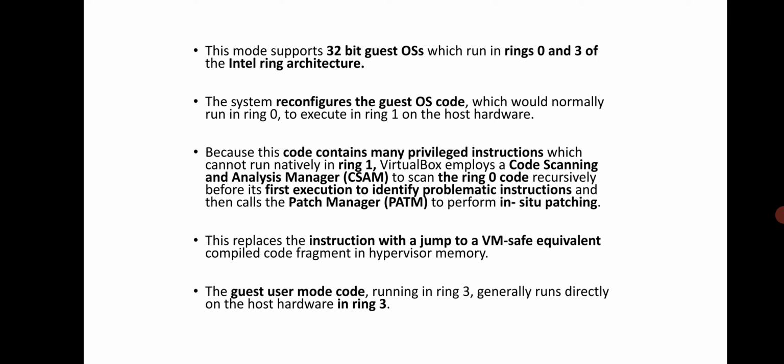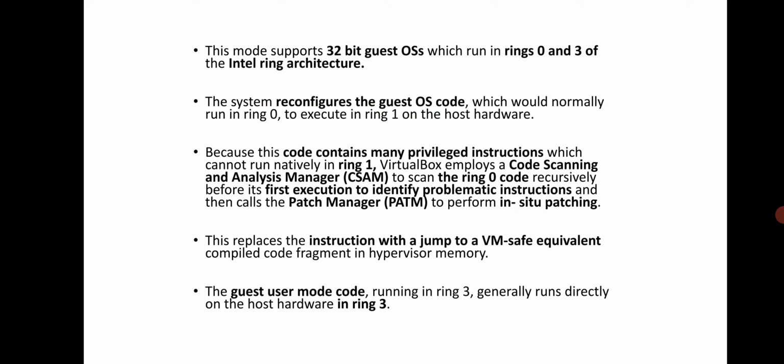Because this code contains many privileged instructions which cannot run natively in ring 1, VirtualBox employs a code scanning and analysis manager to scan the ring 0 code recursively before its first execution to identify problematic instructions, and then calls the patch manager to perform in situ patching.